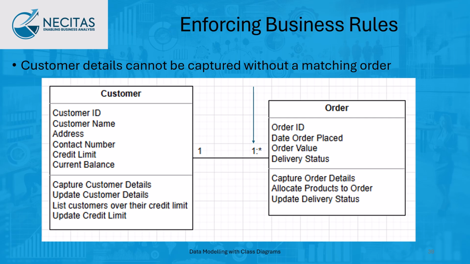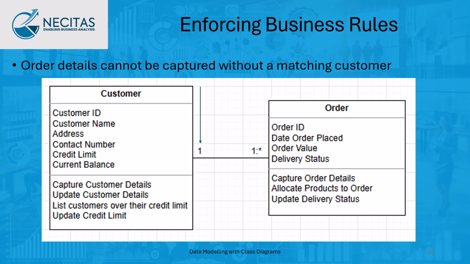If a database was built to enforce this rule, it would not be possible to capture or record the details of a customer without a matching or associated order. As soon as an attempt is made to save customer details, a system based on these rules would request the details of an order.